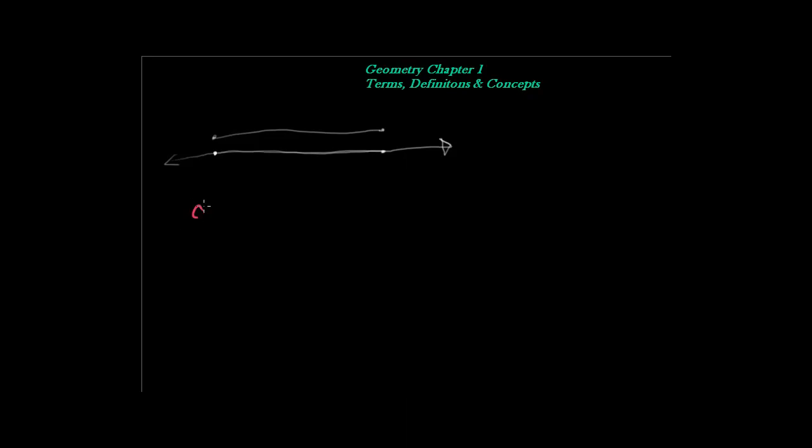So if we think of these 2 points and these two shapes here, we have a line segment up here, and a line down here.